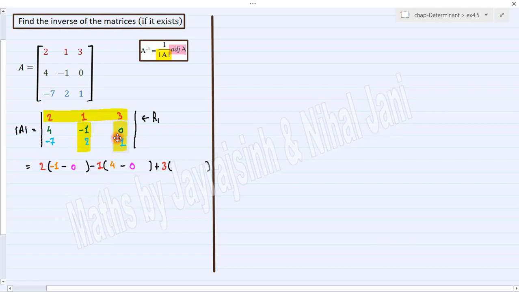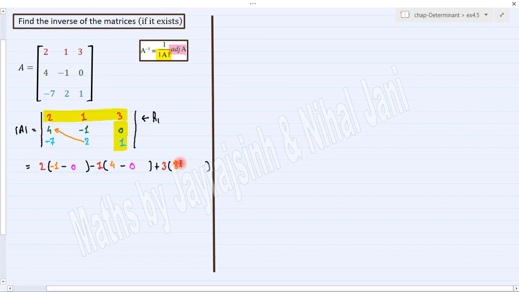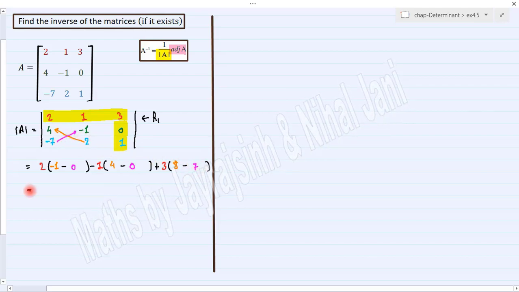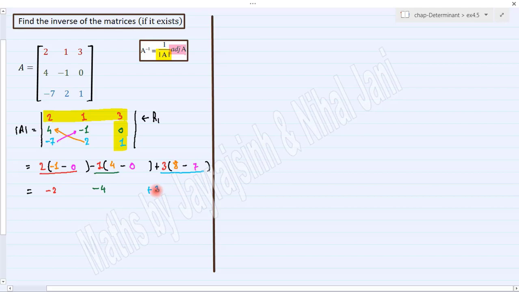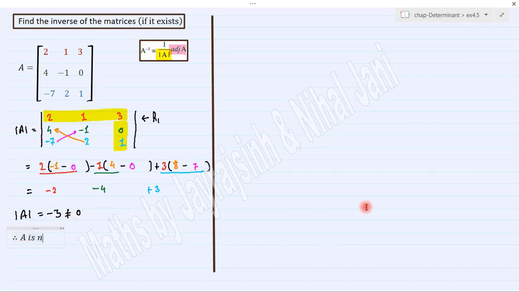And finally minor of last element. 2 4s are 8 minus 7 minus 1s are 7. So here we'll get 2 into minus 1, or we can say minus 2. Minus 1 into 4 will give us minus 4, and 3 into 1 will be 3. So determinant of A will be minus 3, which is not equal to 0, and therefore matrix A is non-singular and invertible matrix.